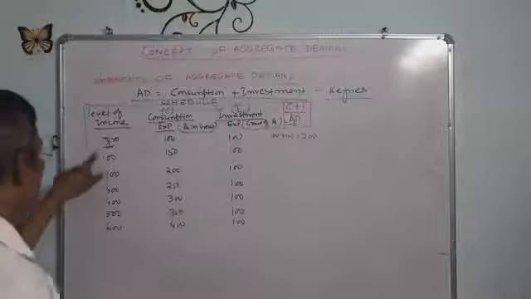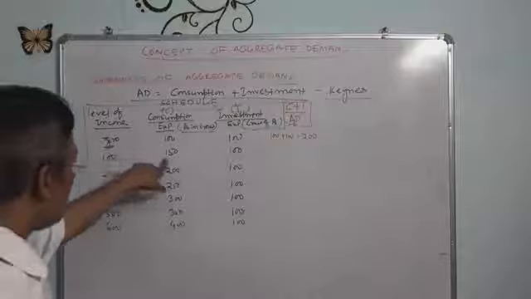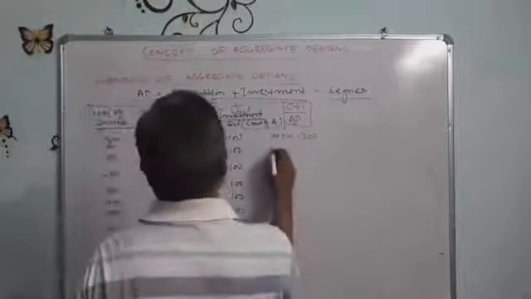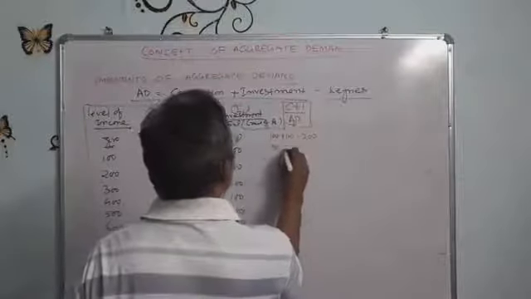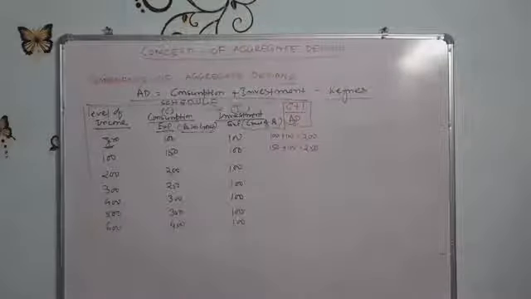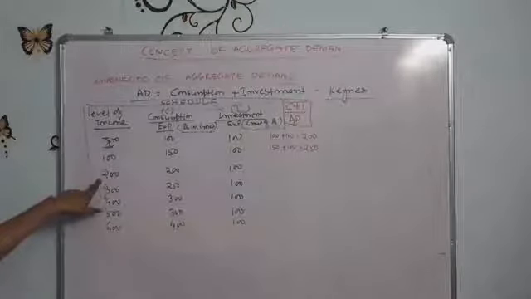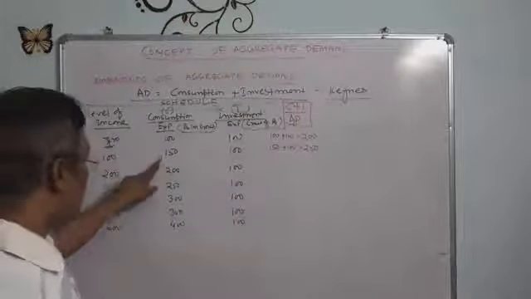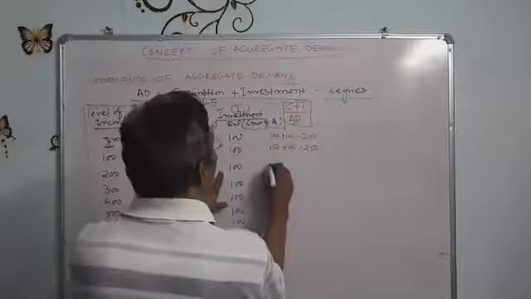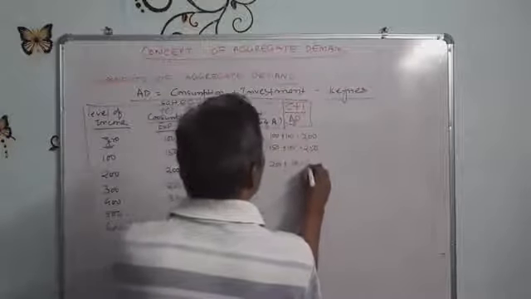Similarly, if the level of income increases from 0 to 100 crores of rupees, consumption expenditure increases from 100 to 150 crores and investment remains the same, so 150 plus 100 equals 250. In the third case, when income increases from 100 to 200 crores, consumption expenditure increases from 150 to 200 crores and investment remains the same, so 200 plus 100 equals 300.